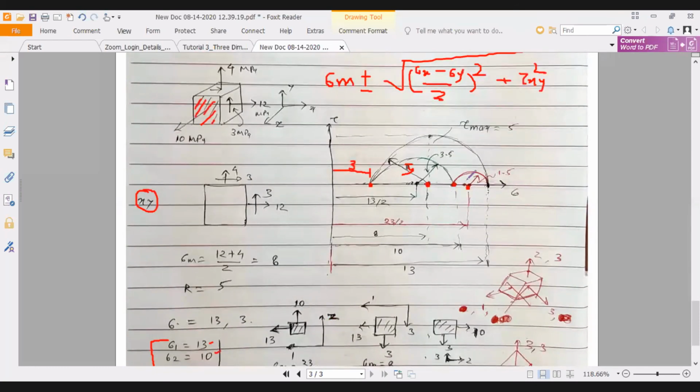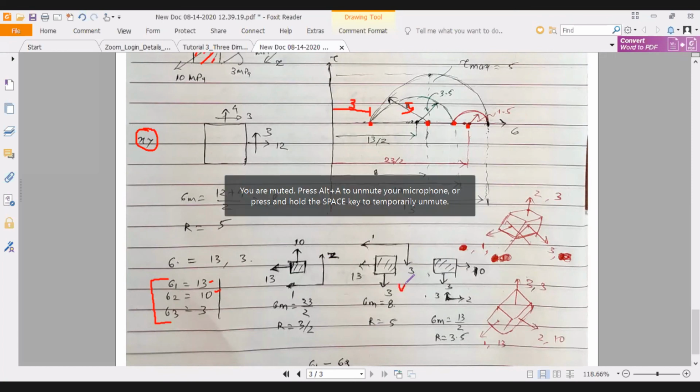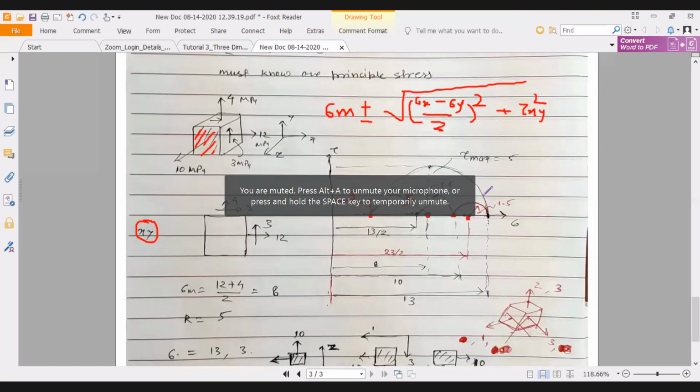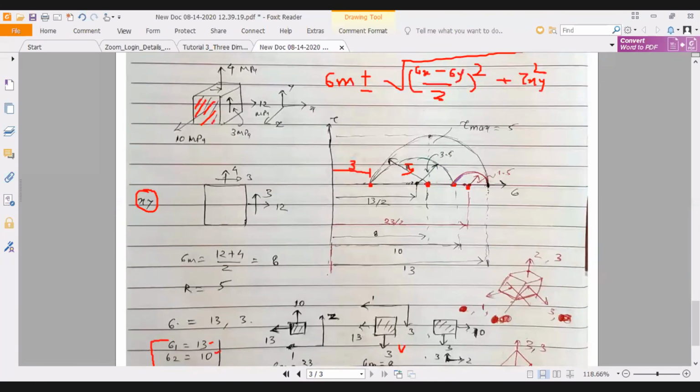So this second Mohr circle we can draw. Similarly, the second schematic will give this circle, and the third will give you this circle.